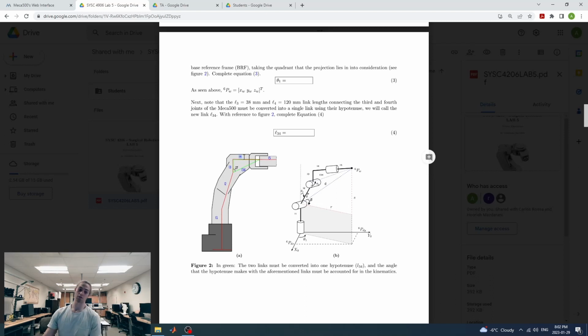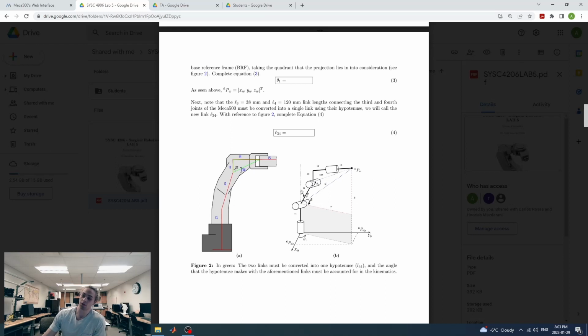So we can just consider a hypotenuse link that I've labeled as L34 here using Pythagorean theorem. And then we'll also have to create an offset angle because we're no longer just moving perpendicular to the previous link. So those can be accounted for or not in your calculations, just make sure that you stay consistent.